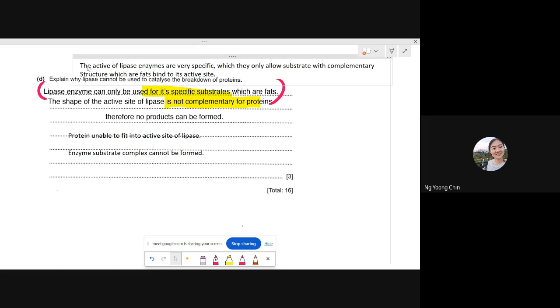That's all. See, your answer will be more detailed, right?